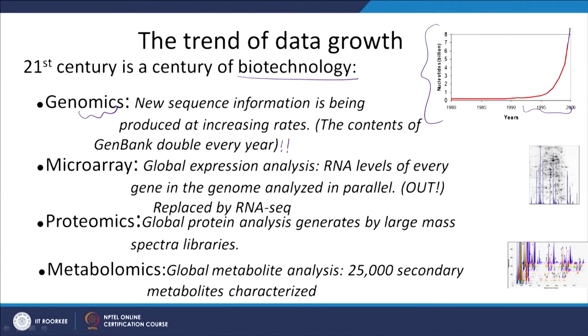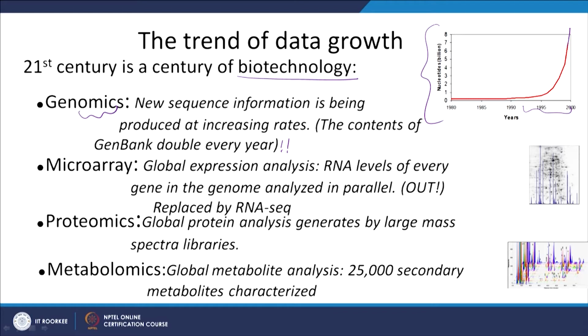And genomics does not only mean genes, because there are non-genetic, non-coding regions in the chromosome and in plasmids, so it includes all of that. New sequence information is being produced at an increasing rate. The contents of GenBank double every year. This is crazy fast growth.